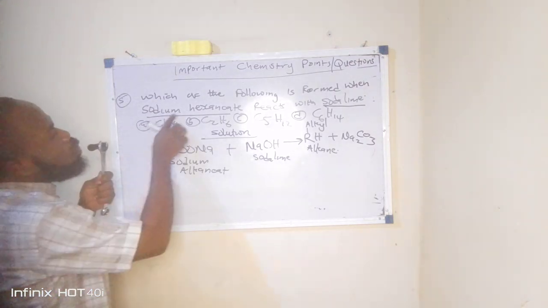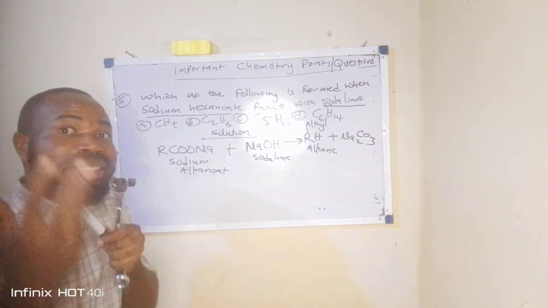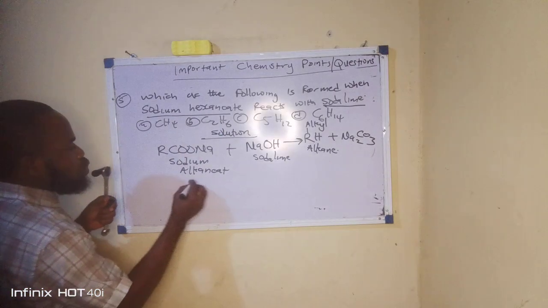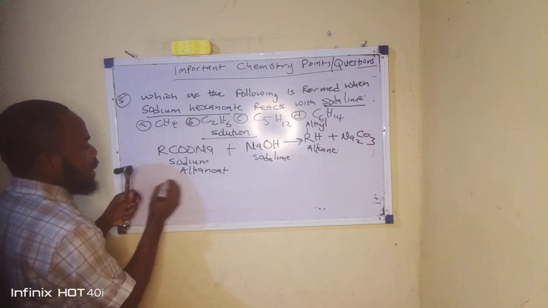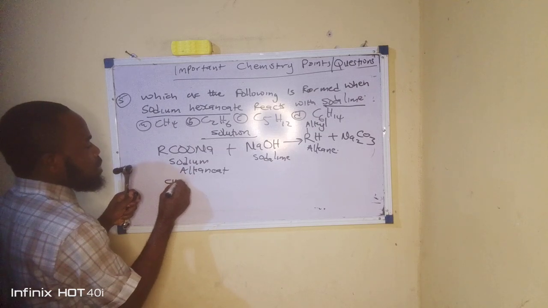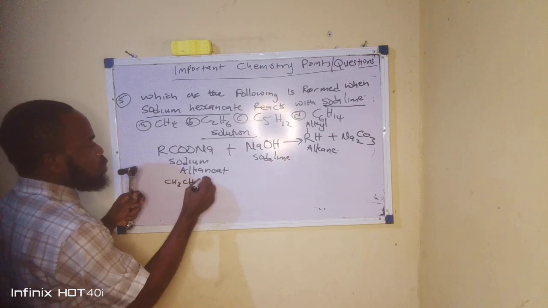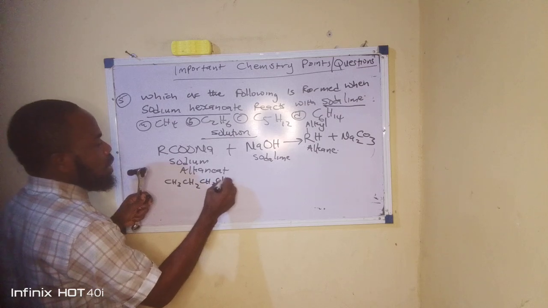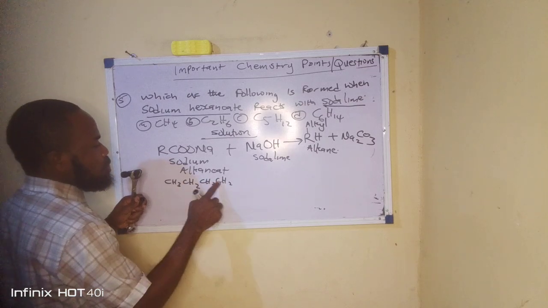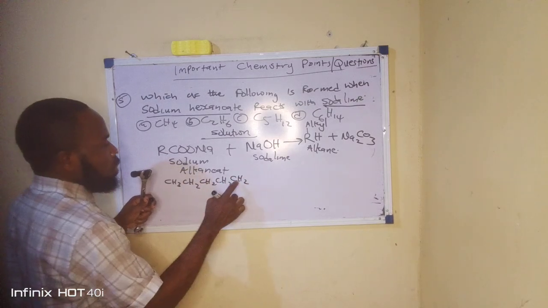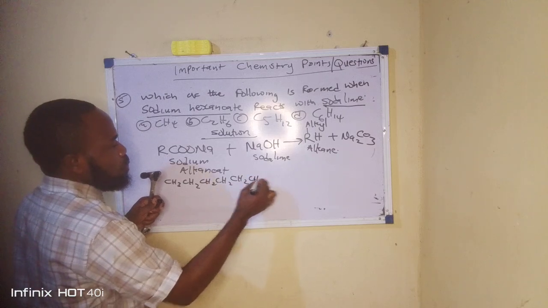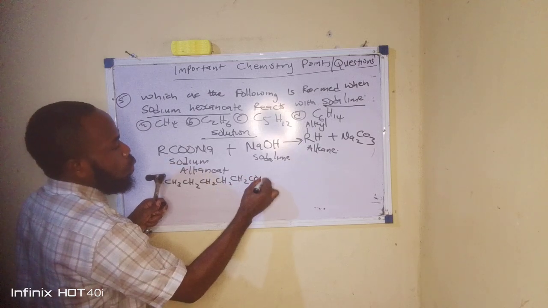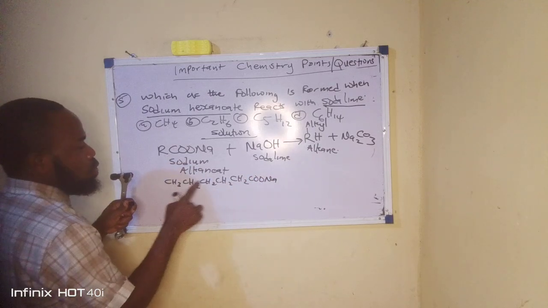They say sodium hexanoate, that means it has 6 carbons. So I can write it like this: CH3 CH2 CH2 CH2, this is 1 2 3 4, CH2 5, then COONa, 6.